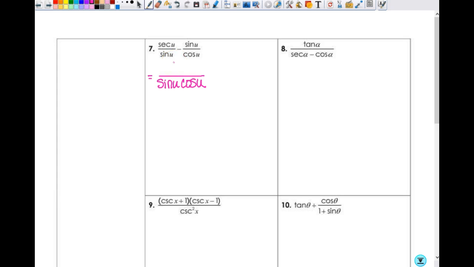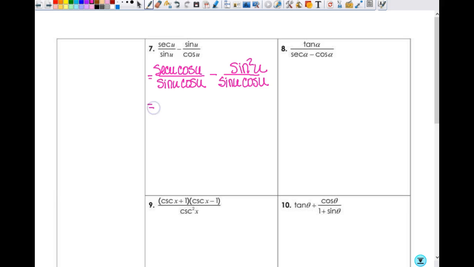So this gives me secant u cosine u minus, and then same denominator for the second one, sine u cosine u. And then this fraction has to be multiplied by what? Sine over sine, right? So this would be sine squared u. Everybody with me so far? Okay, so now I have 2 fractions. They have the same denominator.